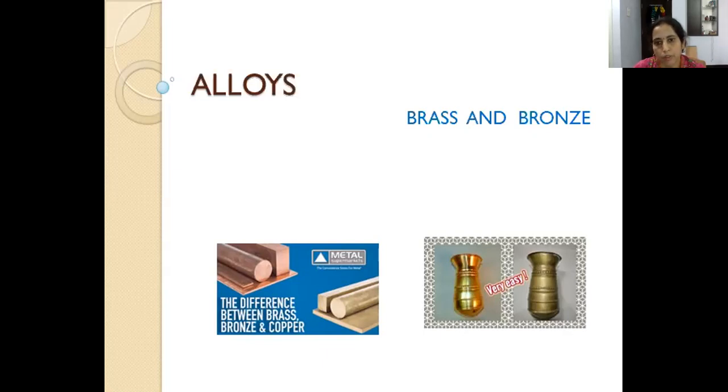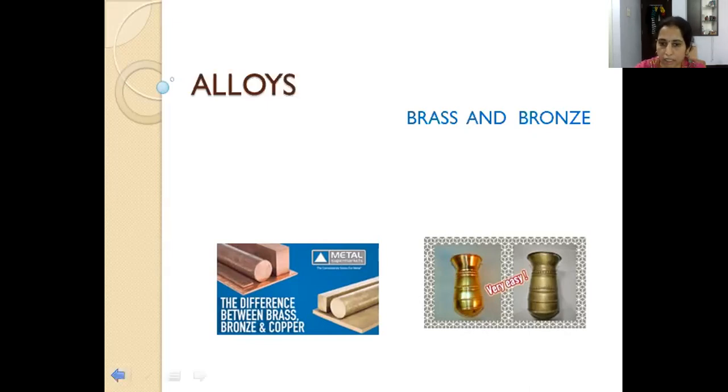Now we are moving to the bronze. What is the difference between brass and bronze? As we discussed, brass is an alloy of copper and zinc, whereas bronze is an alloy of copper and tin. The difference in appearance is that brass is brighter than bronze.